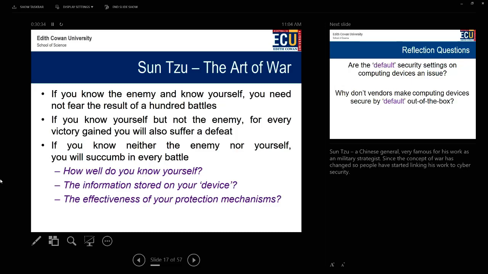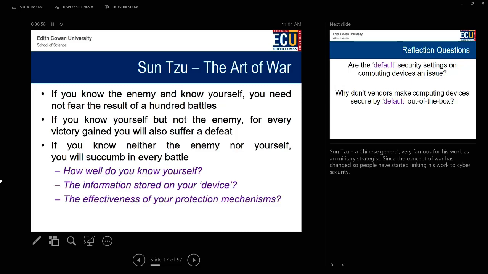So the three questions you need to keep asking yourself all the time are: how well do you know yourself? How well do you know the information that you have stored on your device? And the effectiveness of your protection mechanism. If you have an antivirus software, how effective is it? If you have a personal firewall installed and configured on your computer, how effective is that firewall?